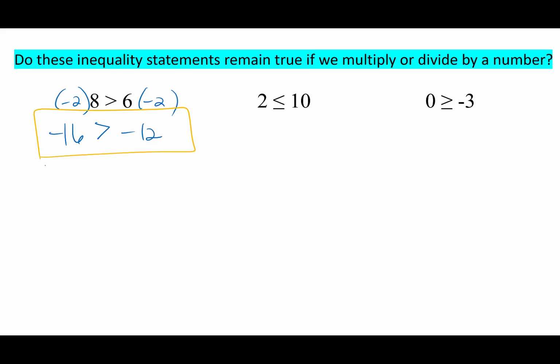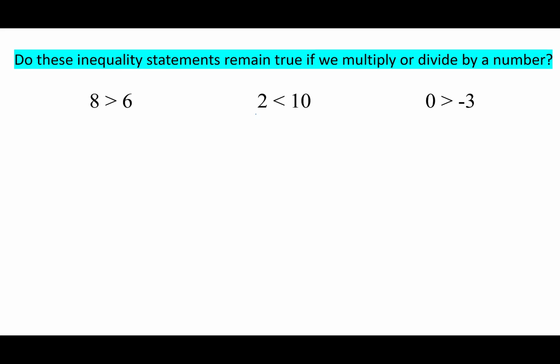No, it's not. Negative 16 is smaller. And so something happens when we multiply by a negative number. Now this is not true. The way to make this statement true when we compare negative 16 with negative 12 is to switch the direction of the inequality sign.